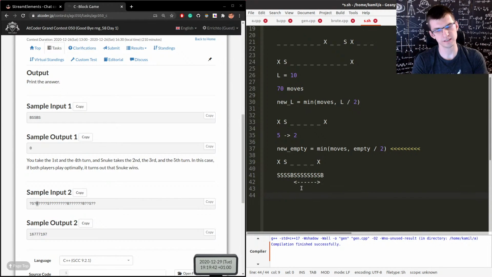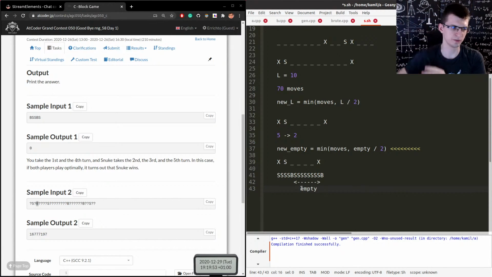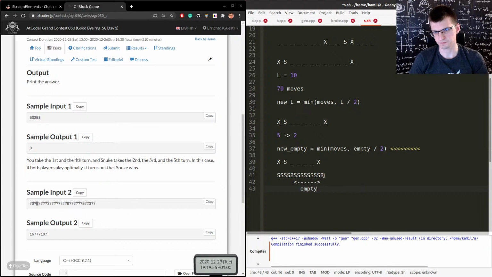Empty is exactly the initial empty. If he moved once, and then I block him from the right, then he created for himself 1 empty cell. And then the real game happens on the right, in the suffix of the string, starting from this empty.